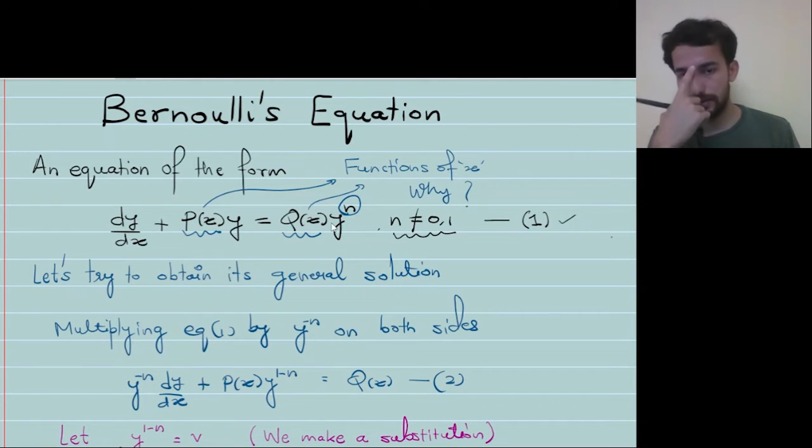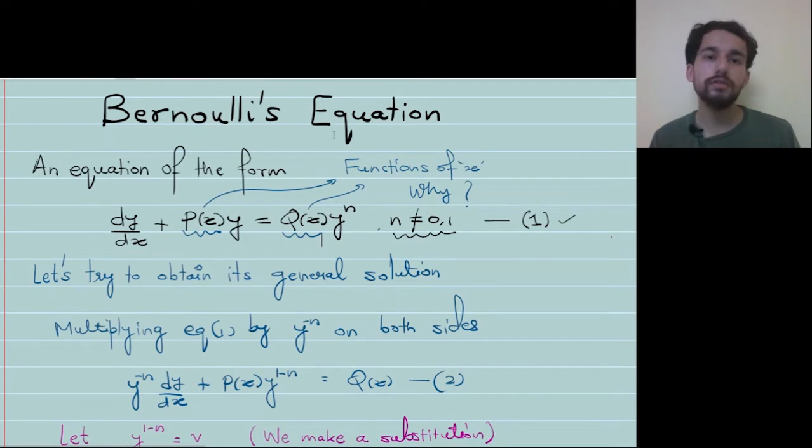Then you will find that equation 1 reduces to a different type of differential equation, maybe a linear differential equation or an exact differential equation. So try to answer me after verifying why this n cannot be equal to 0 or 1. If we choose our n to be 0 or 1, then it will reduce to some other type of differential equation. That's why we have restricted it. Such an equation is said to be a Bernoulli's differential equation.